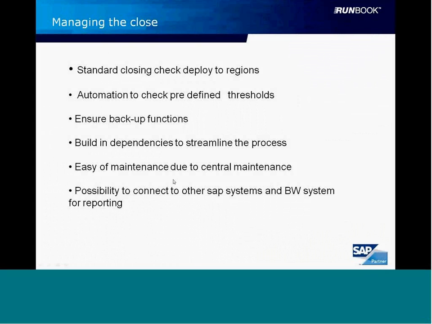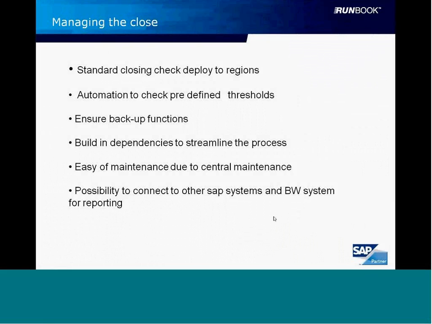Now, a lot of our customers have multiple SAP systems, so we also have the possibility to connect SAP systems to each other. So if you have company codes which are going across SAP systems, then you have, let's say, the first 50 steps in system A, the next 50 steps in system B, then we can create a dependency between system A and B. If we are talking about global reporting, one of our customers, they have 14 different SAP systems.